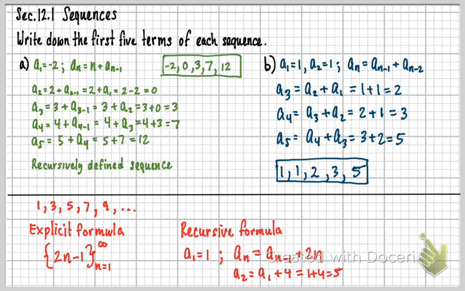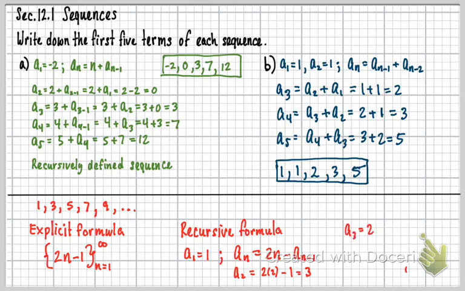So maybe we should try to go back one. So maybe I could take an minus an minus 1. So let's try that one now. So we go A2 here. And that's going to be 2 times 2 minus 1. So that would give me 3. So let me check it for the next one now. So let's try for A3.